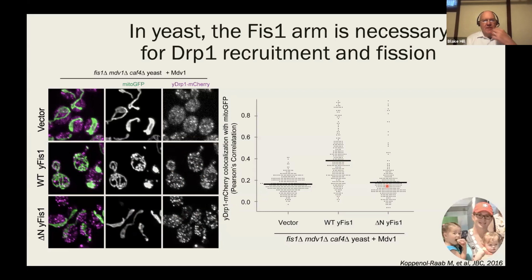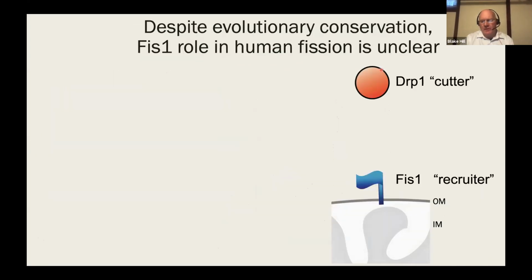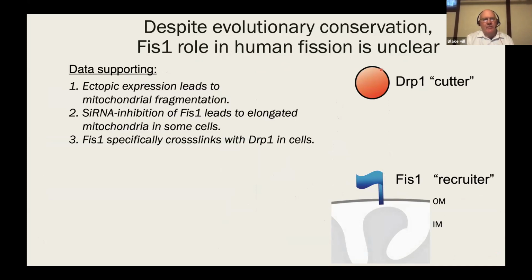So in yeast, it's well understood that the Fis1 arm is necessary for DRP1 recruitment and fission. And the N-terminal region, a longer sequence, has also been shown by Weerasinghe Yoon's group to be involved in DRP1 recruitment in humans.